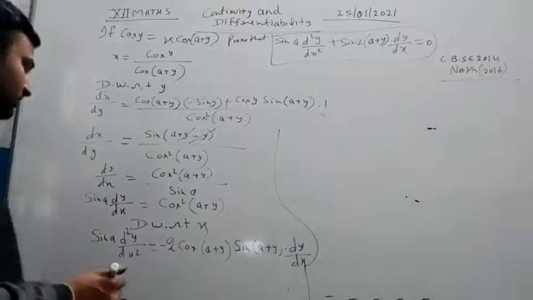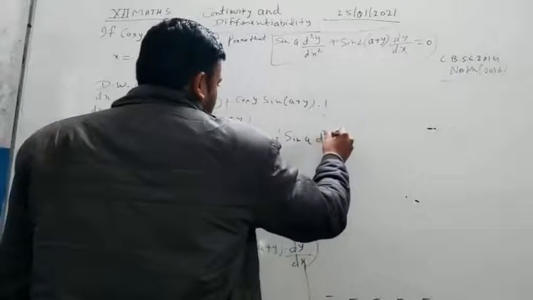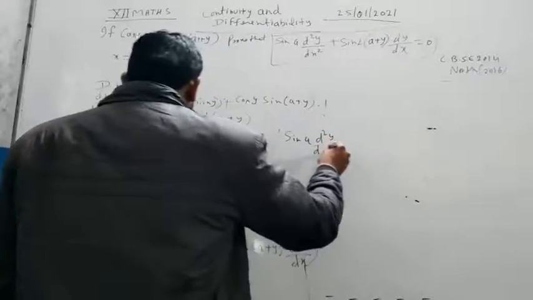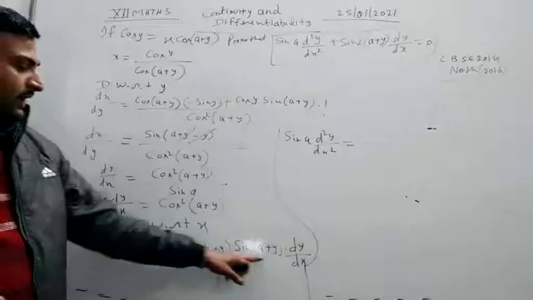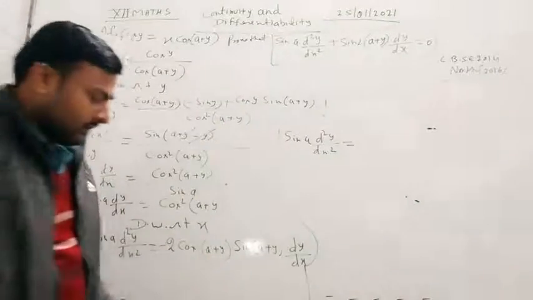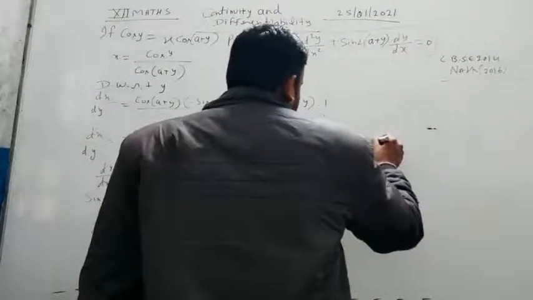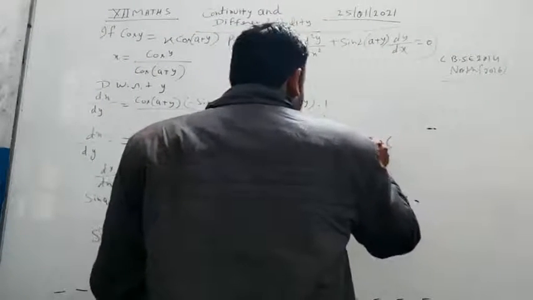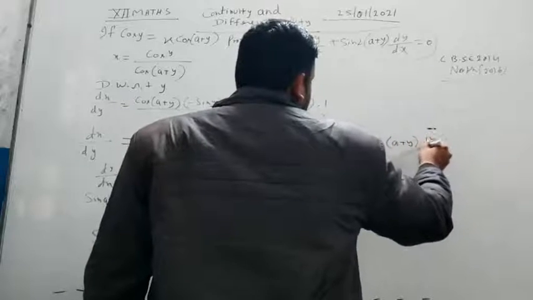So this is sin a d2y by dx2, and on the right-hand side we have 2 sin(a plus y) cos(a plus y), so we write sin 2(a plus y) with a negative sign, dy by dx.